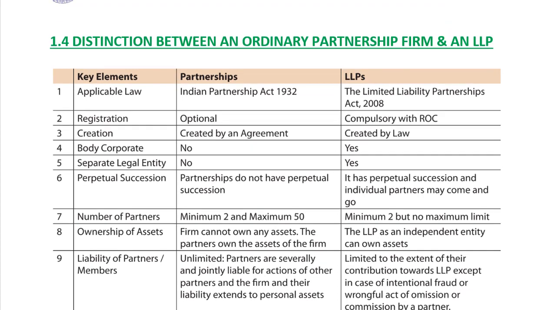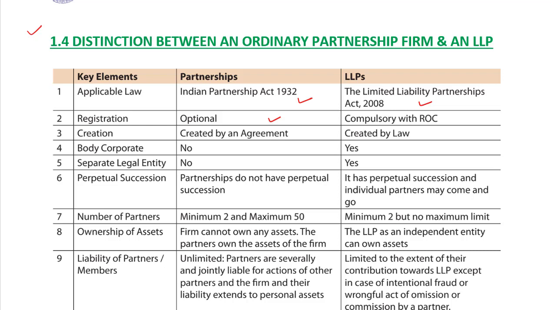Next is the distinction between an ordinary partnership firm and an LLP, limited liability partnership. What is the distinction between the two? First, applicable law. To a normal partnership, the Indian Partnership Act 1932 is applicable. For LLPs, the Limited Liability Partnership Act 2008 is applicable. Registration. Registration is optional in case of normal partnership.